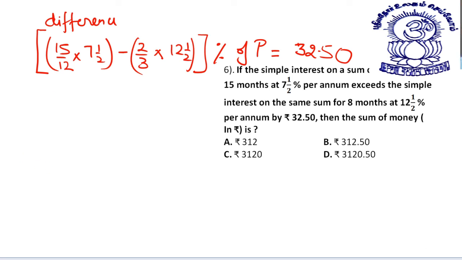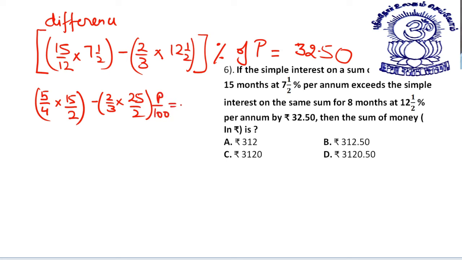Let me rewrite this so that we can fit the equation into this space. 15/12 is 5/4, into 15/2, minus 2/3, since 8 months means 2/3, into 25/2 percent of P. Percent of P means P divided by 100 is equal to 32.5.